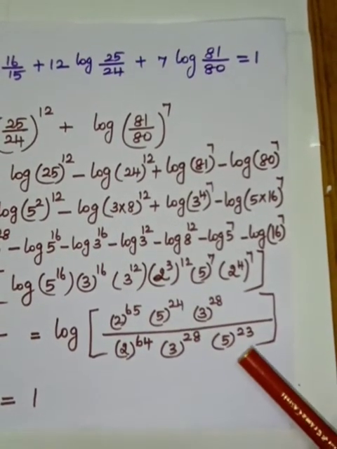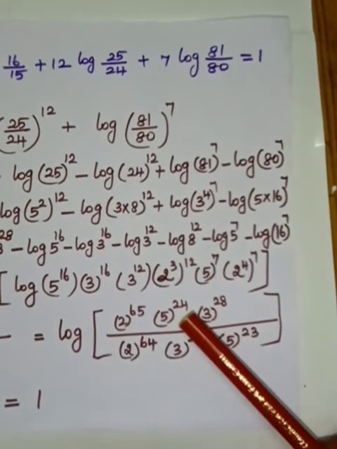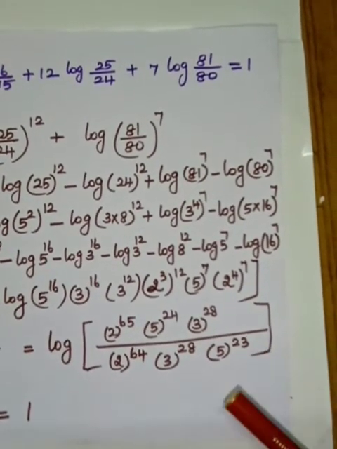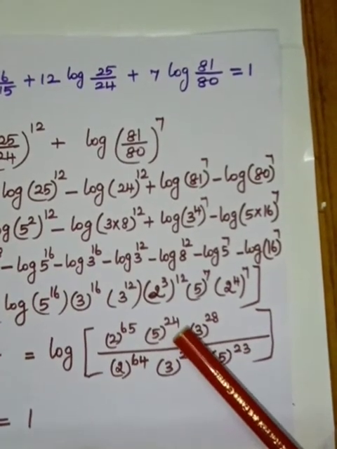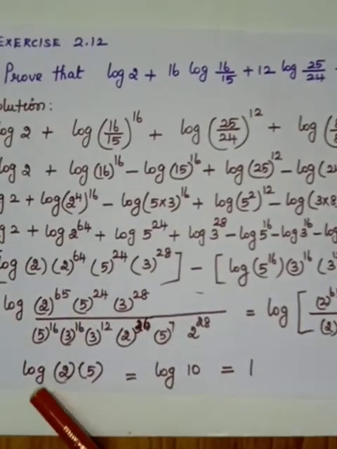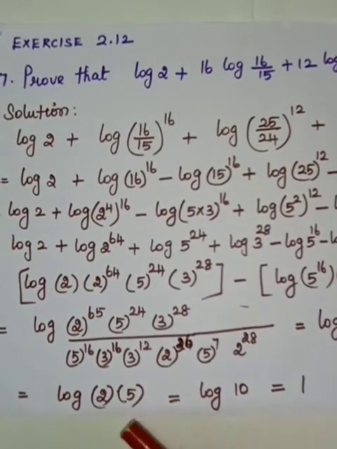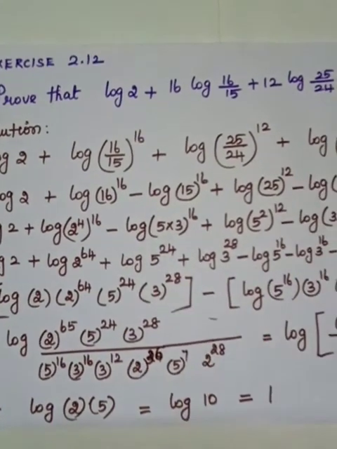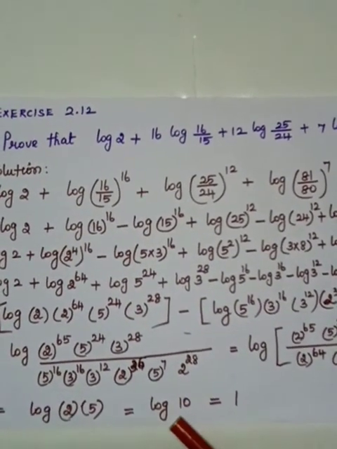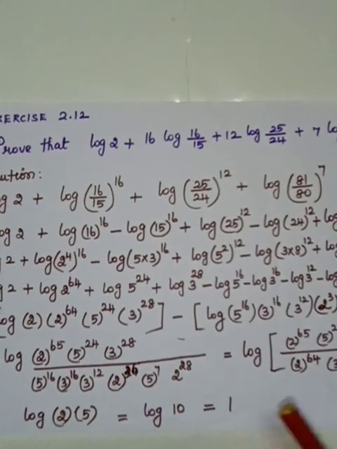Come to 5 power. So in the numerator you are having 5 power 24. Here you are having 5 power 23. So when it is cancelled, in the numerator you are having 5. So it can be written as log of 2 into 5. So that is log 10. So we are dealing with the numbers, so it is in the form of log 10 to the base 10. So the answer is 1. Thank you, students.